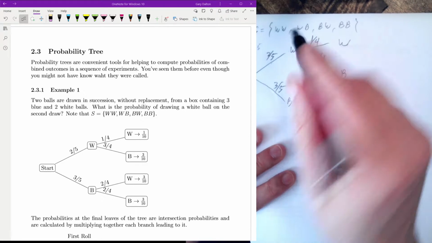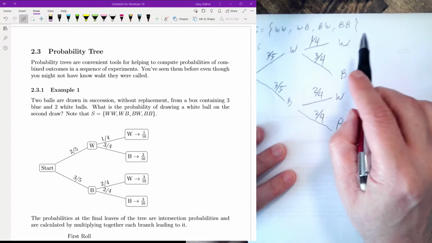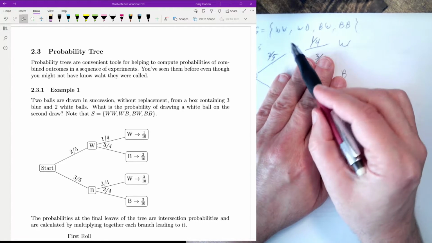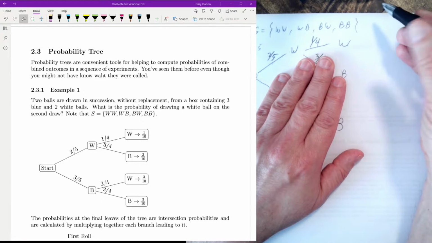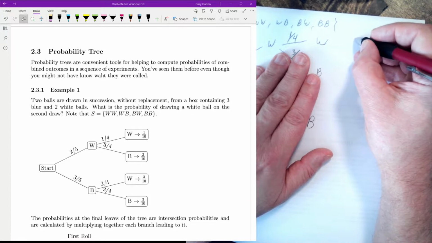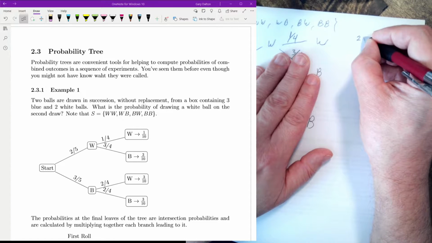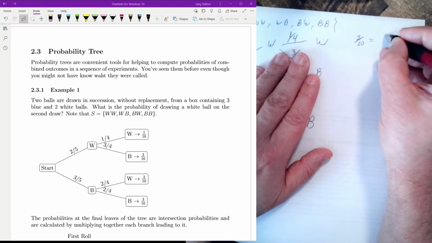Now, let's multiply these out. If we're looking at a white ball and a white ball, we multiply these together, and that gives us 2/20, which is equal to 1/10.